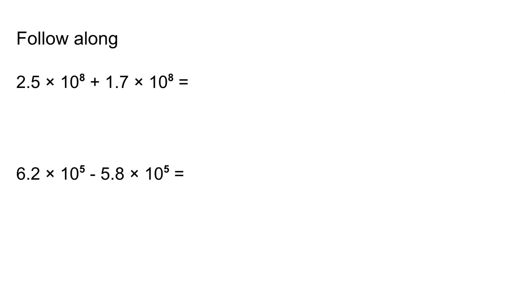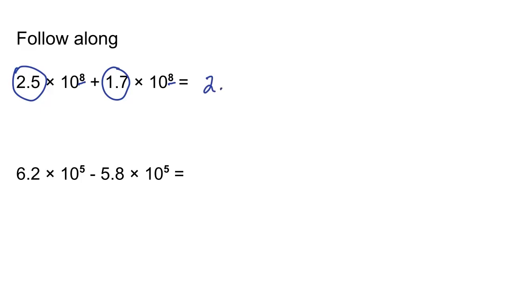Now follow along as I solve these problems. Here I have 2.5 times 10 to the 8th power plus 1.7 times 10 to the 8th power. Since both numbers have the same exponent of 8, I can go ahead and add the coefficients, which are 2.5 and 1.7.